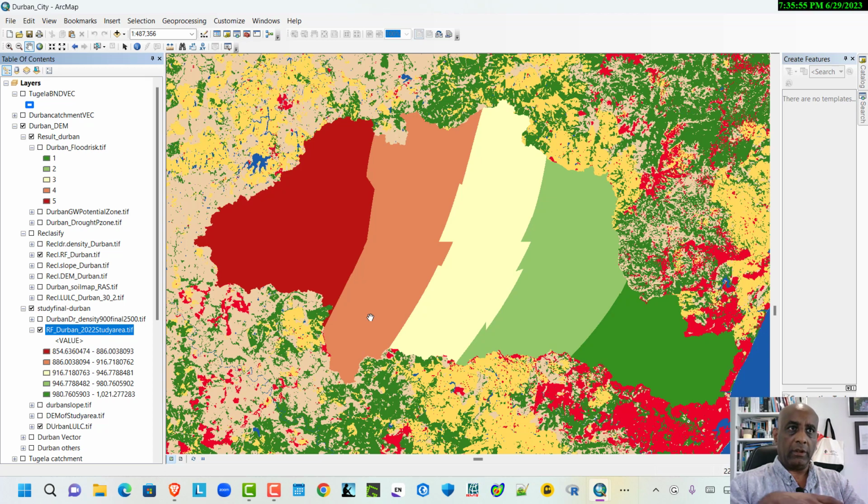So infiltration might have difficulty. If there is any difficulty to infiltrate the water easily, then it will be a runoff. So all those criteria are included in the analysis.